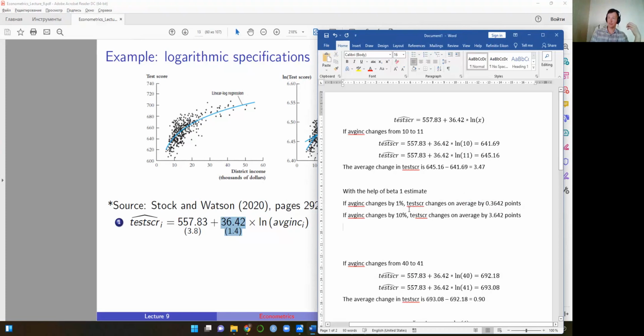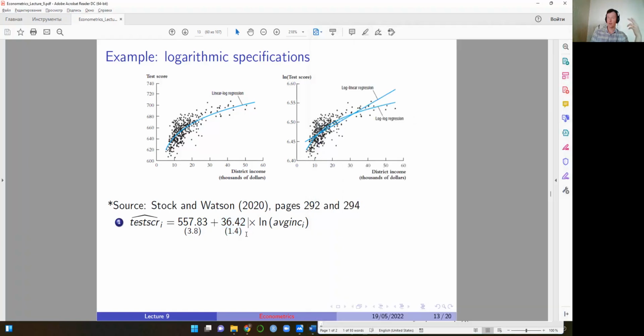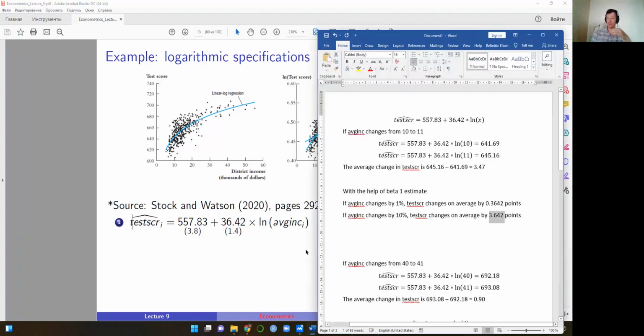So this is where you need to apply these small changes in x, if you want to use beta in order to predict how much the change in test score is going to be when average income changes. If you are doing this directly, like I did here, it doesn't matter. You can change x by 10%, by 20%, by 40%.